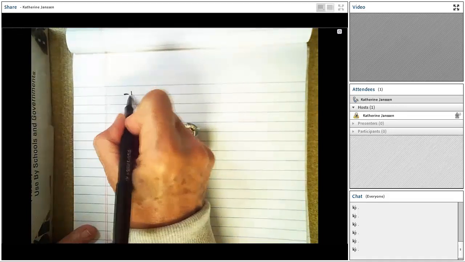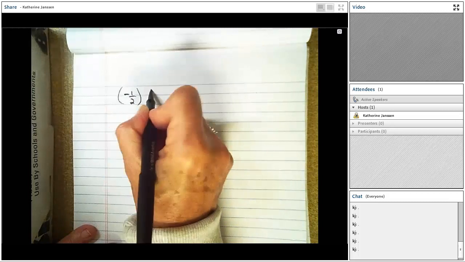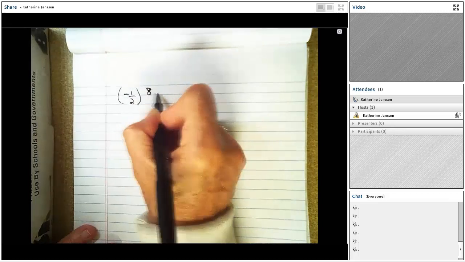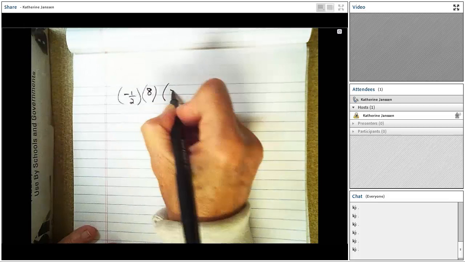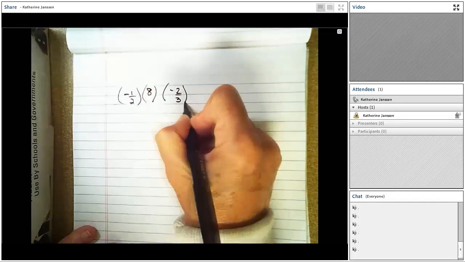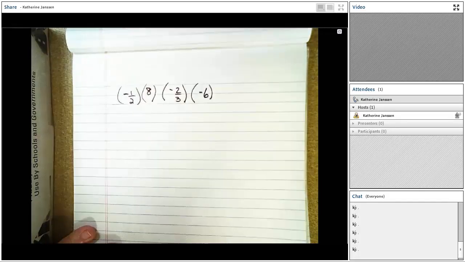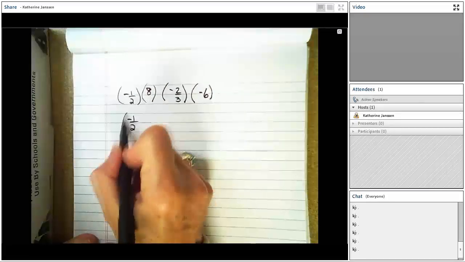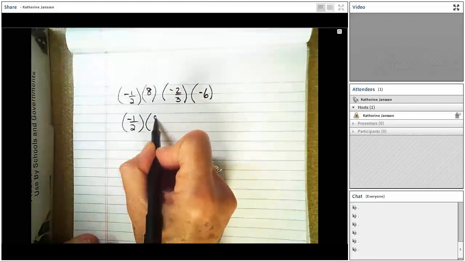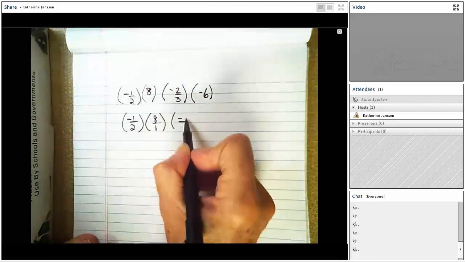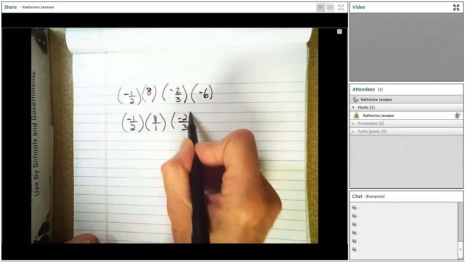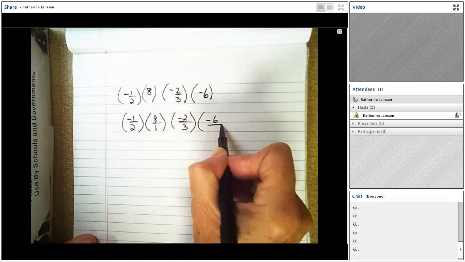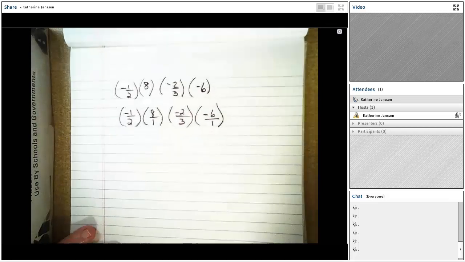A negative 1/2 times 8 times a negative 2/3 times a negative 6. Well, this is a negative 1/2 times 8 over 1 times a negative 2 over 3 times a negative 6 over 1. We're changing our whole numbers to their equivalent in fractional form with the numerator and the denominator.